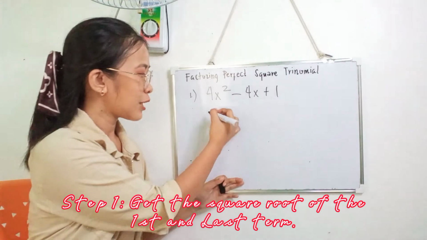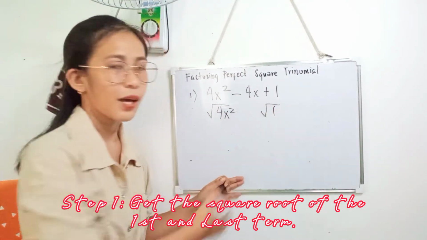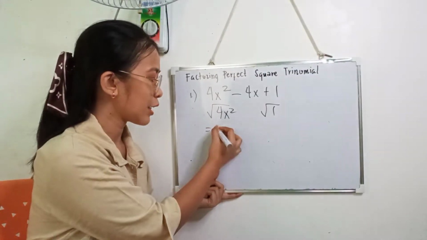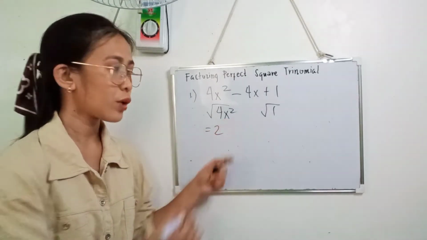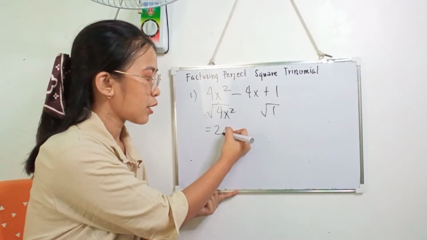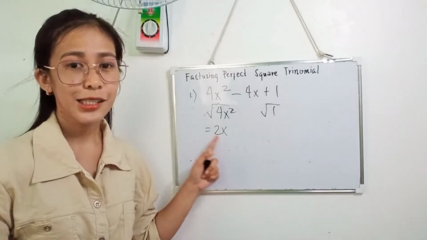Kukunin nyo lang yung square root ni 4x squared. The square root of 4 is 2, and then x raised to 2, cancel nyo lang yung square root, and the variable itself is x. Therefore, the square root of 4x squared is 2x.